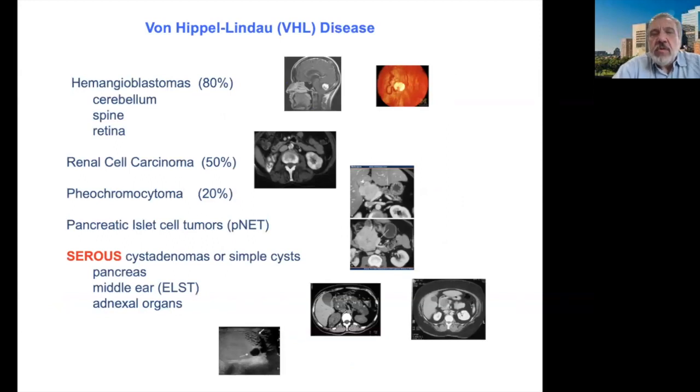So let's go through the list of the VHL-associated tumors. Patients with VHL develop hemangioblastomas in 80% of the cases. Hemangioblastomas are benign, non-infiltrating, non-malignant tumors that grow in the back of our head, in the cerebellum, which is the organ that's important for coordinating the movements in the body.